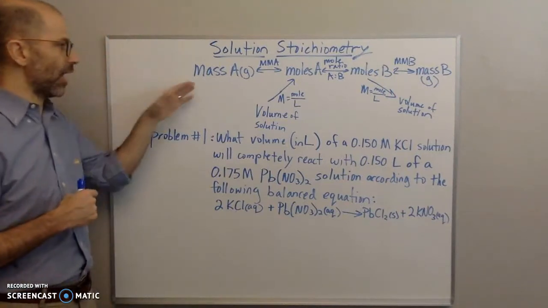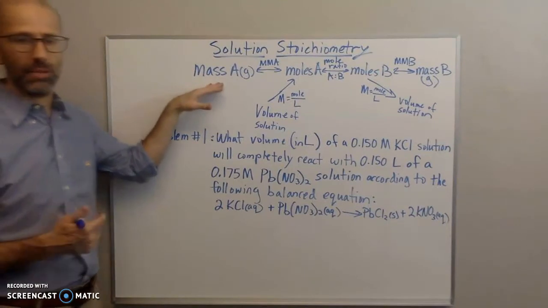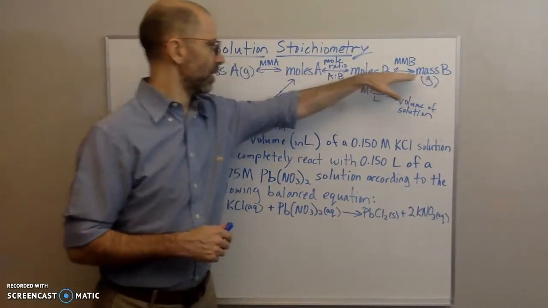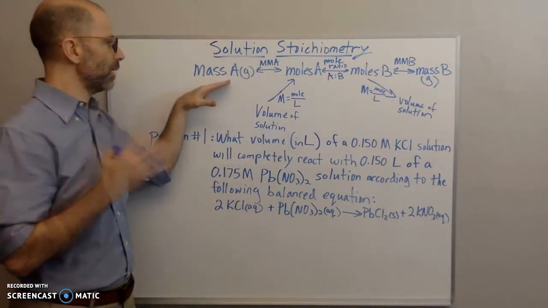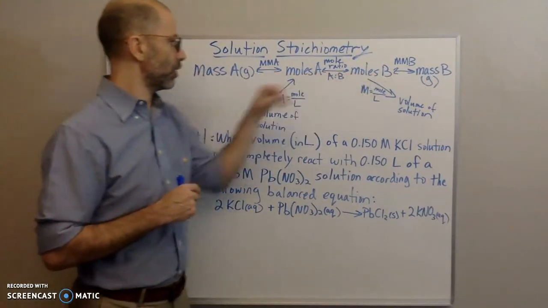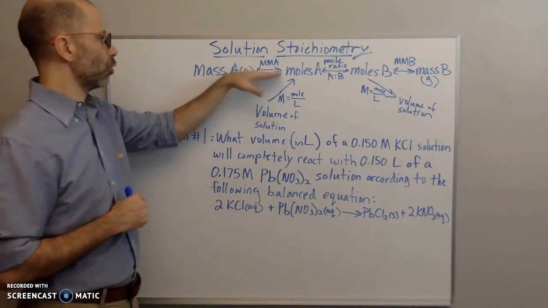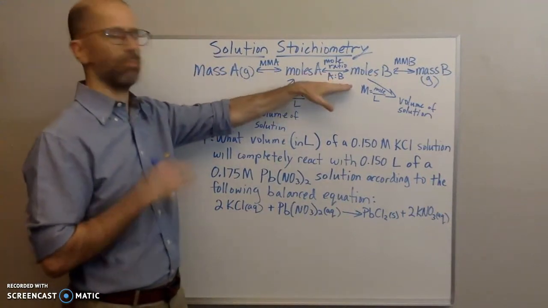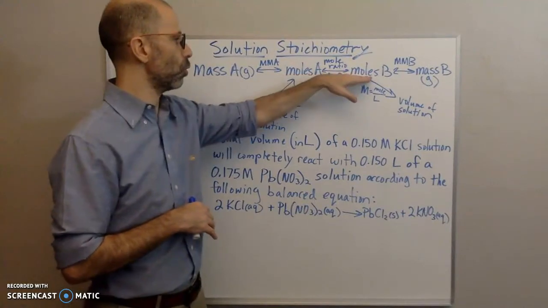Just to remind you of my chemistry conversion superhighway, this right here is the main highway that I have talked about. In many problems in chemistry, you're going to be using this way of converting. You use molar mass a lot to convert between grams and moles, and mole ratios to convert from moles of one thing to moles of another.